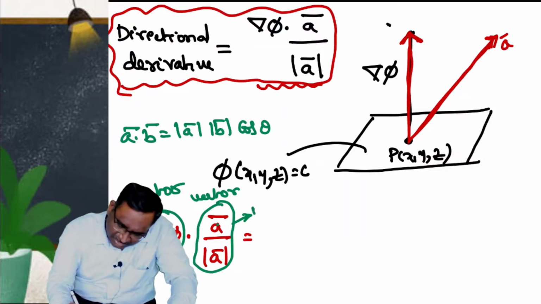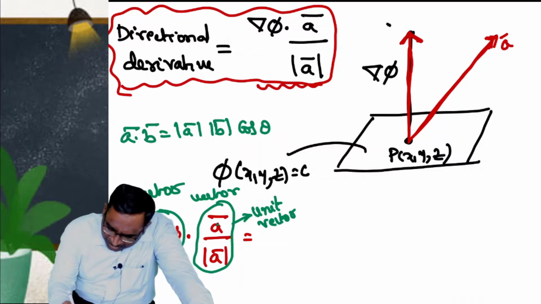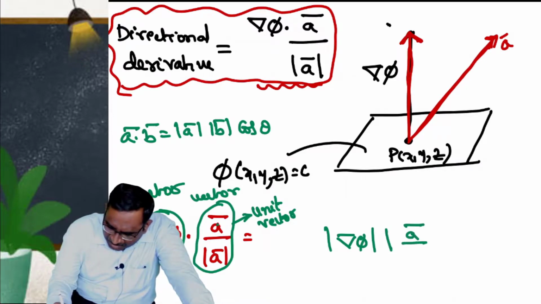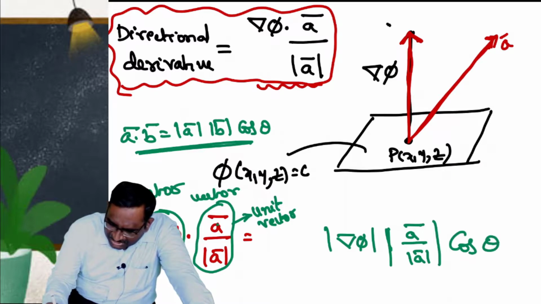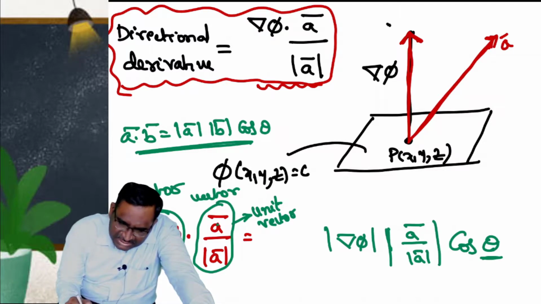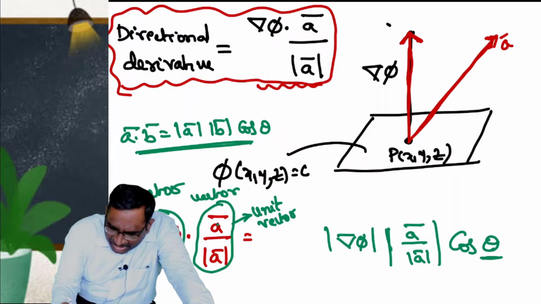Applying the dot product, we get modulus of del phi, modulus of A bar by modulus of A bar, cos theta, where theta is the angle between del phi and A bar.